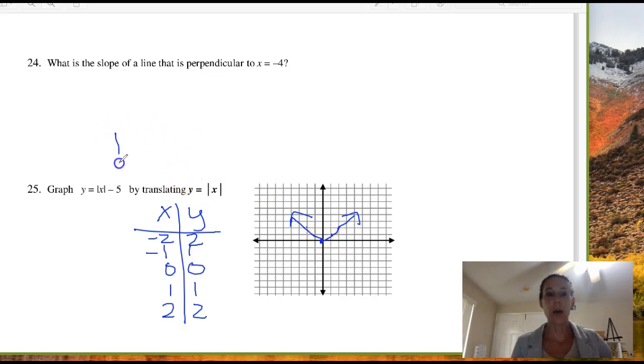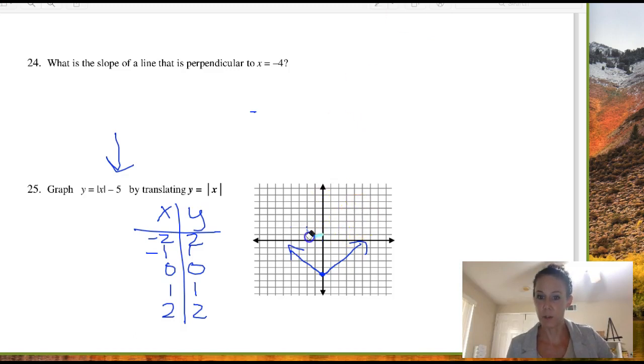Now you should know how to shift graphs. If I shift a graph up or down, this tells me on the outside I shift down 5. So I'm going to go down 1, 2, 3, 4, 5. Here is my graph, and I have that same form. I've just shifted it down 5. So this is what my graph should look like.